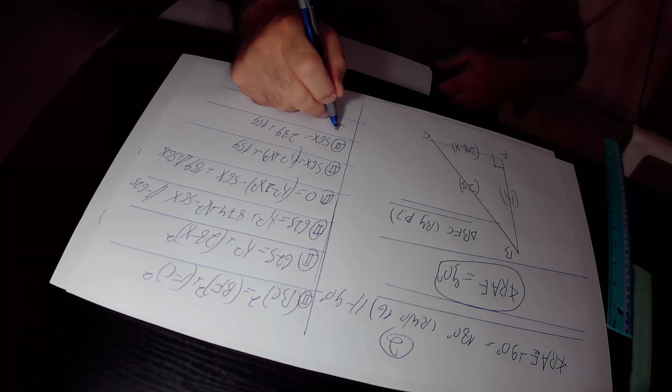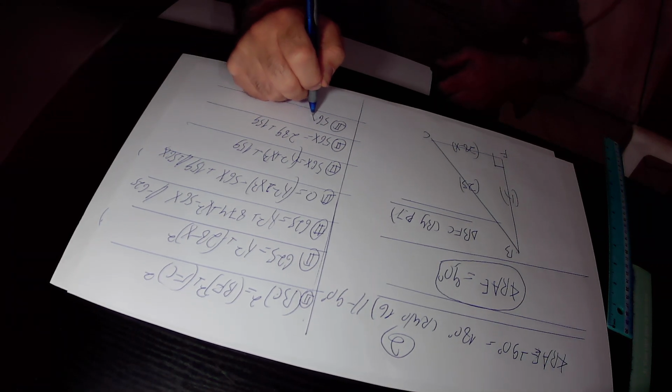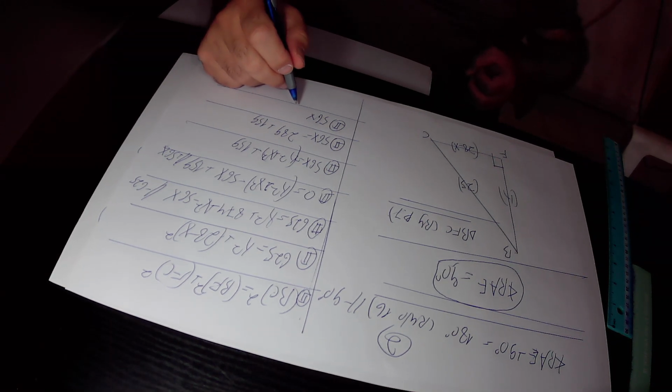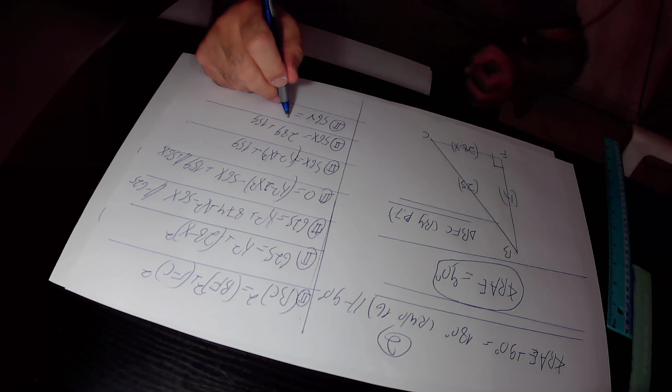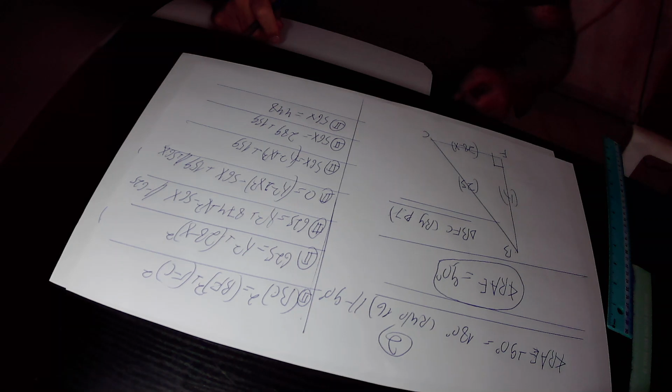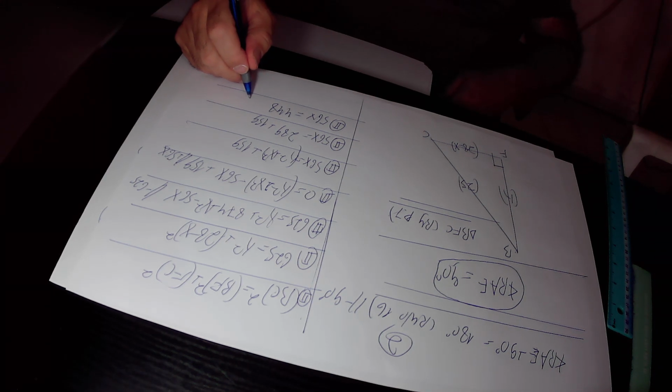So according to equation 2, we found out that 56x equals 289 plus 159 equals 448. So 56x equals 448. Here we divide equation 2 by 56.